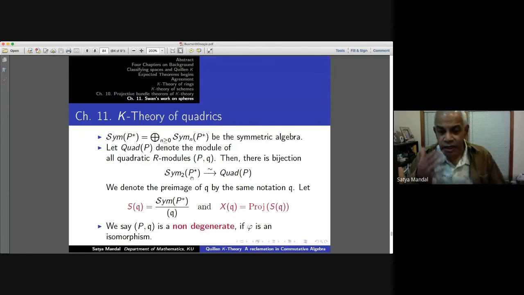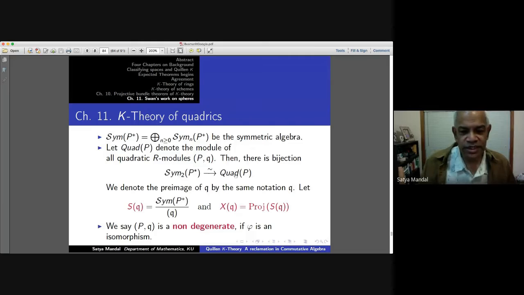These two are isomorphic, and you can give this as an exercise to your students. This is an isomorphism. If (P, Q) is a quadratic R-module, its pre-image I'm denoting by Q itself.